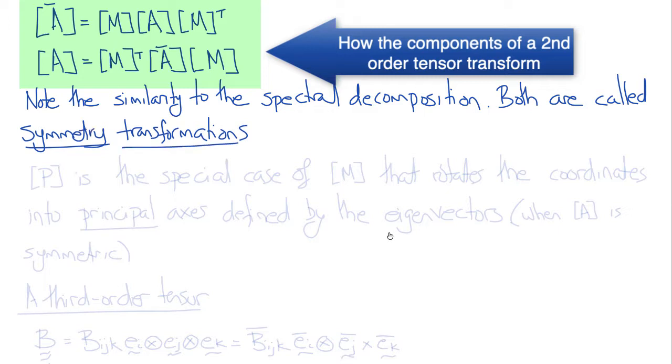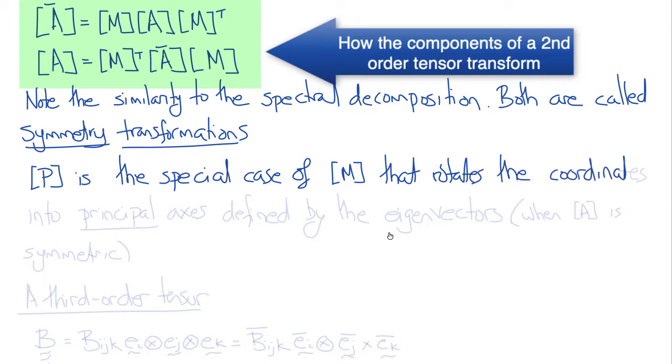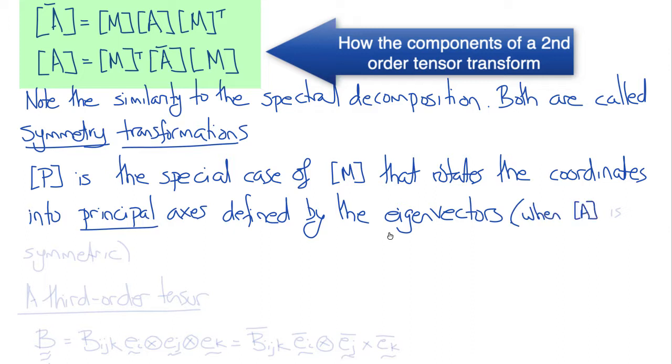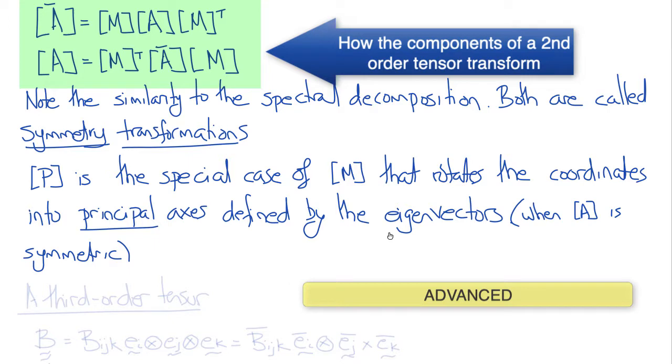That's because one of the properties of this type of transformation is that it always preserves the symmetry of a matrix. If A is symmetric, then A bar will be symmetric. If A bar is symmetric, then A will be symmetric. In the spectral decomposition, the matrix P, whose columns were the eigenvectors, is a special case of M. It is also orthogonal. It's the orthogonal matrix that rotates the coordinates into principal axes, which are defined by the eigenvectors, provided that the tensor A, or the matrix of its components, is symmetric.